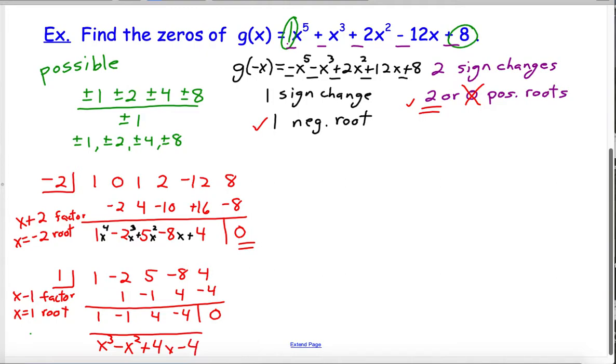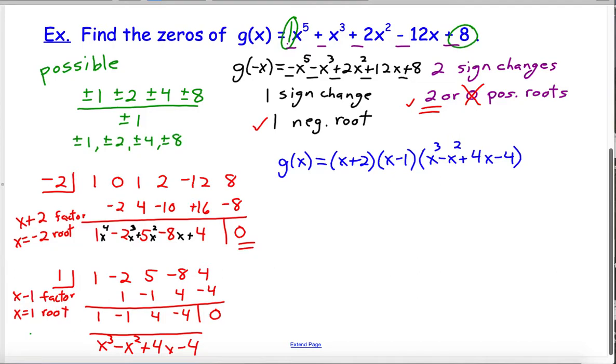So far this polynomial g of x, I can write as, I know x plus 2 is a factor. That was my first synthetic division. I know x minus 1 is a factor. And then I have left x cubed minus x squared plus 4x minus 4.